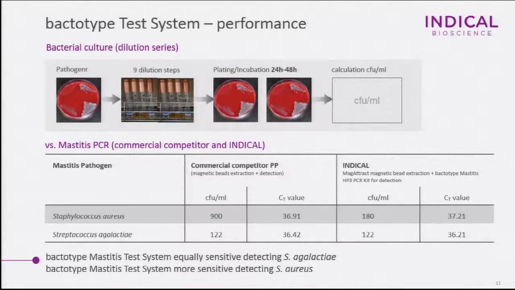For both PCR systems, this was comparable with about 122 colony-forming units per milliliter. We saw a difference for the Staph aureus, where we found a higher sensitivity of 180 colony-forming units versus 900 with the previous test system. So equally good for S. agalactiae and more sensitive for Staph aureus.